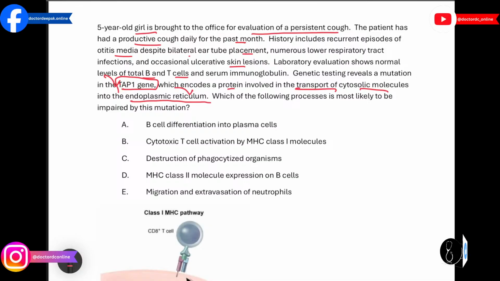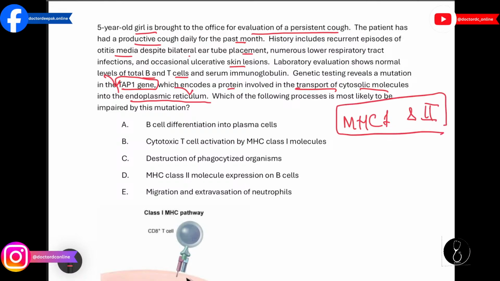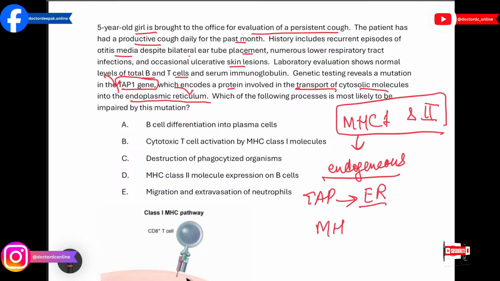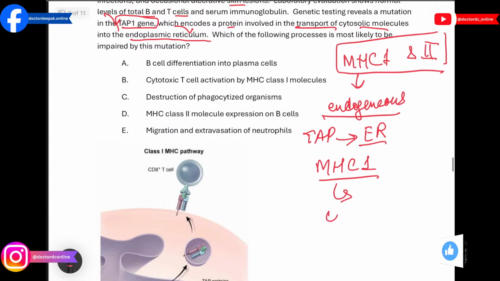If you remember from immunology, you learned about MHC class 1 and how antigen presentation works. MHC class 1 presents endogenous antigen, which is transported by the TAP proteins into the endoplasmic reticulum, and there the MHC class 1 will be activated and go to the cell surface.